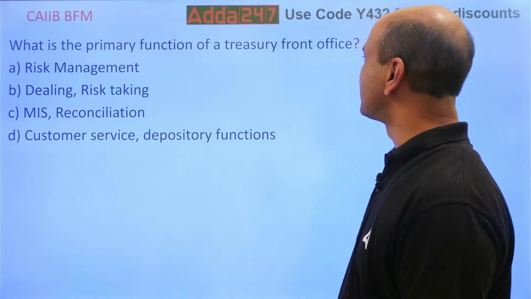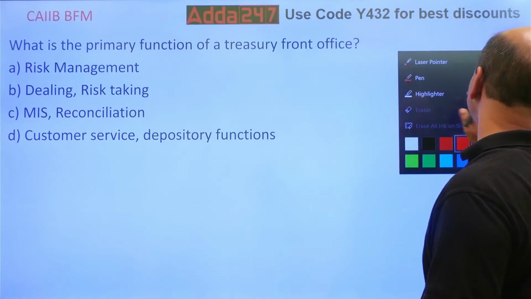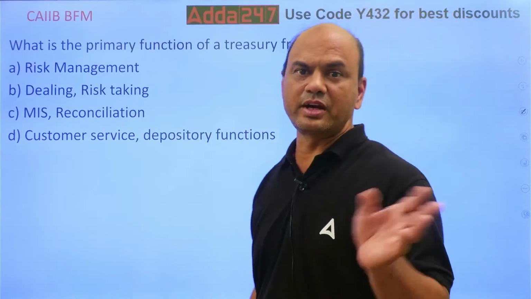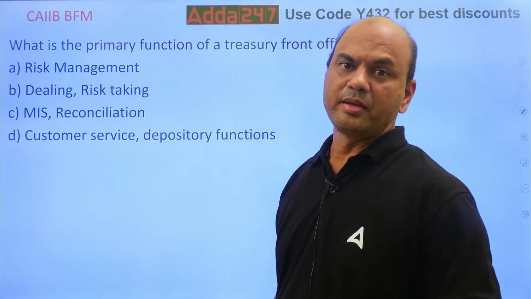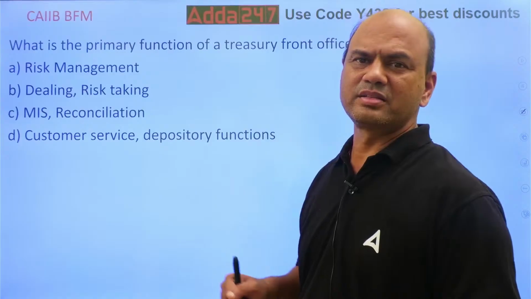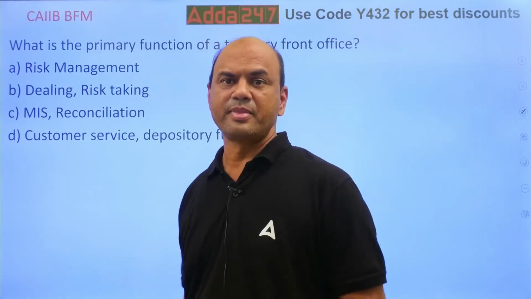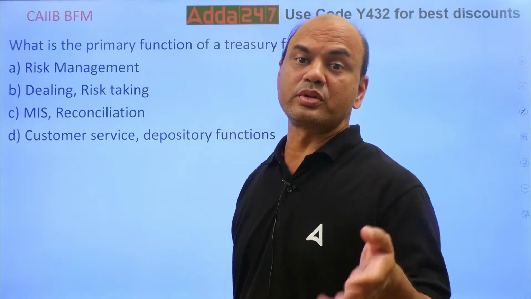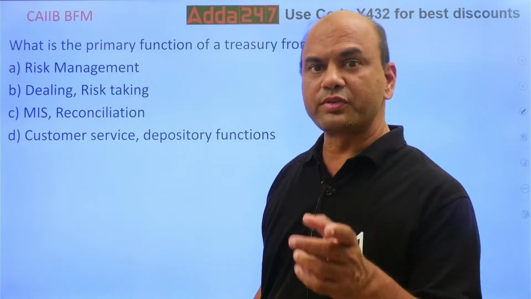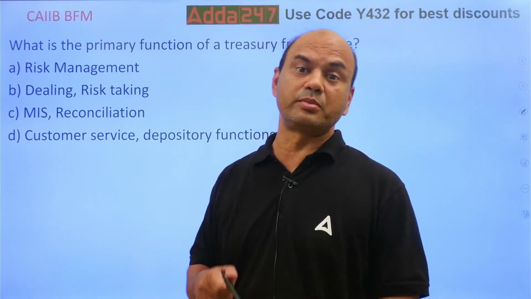What is the primary function of treasury front office? Focus on the question. Typically, there are three offices in treasury: front, mid and back. Back office does the writing down, settlement. Mid office gives support to the front office and does the compliance part also. Front office deals directly, it's a warrior, soldiers on the border.